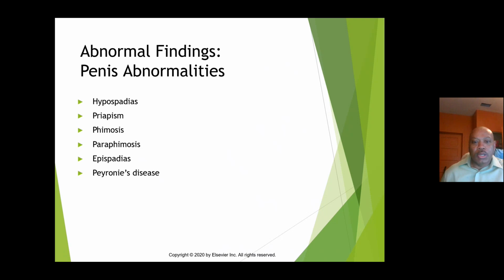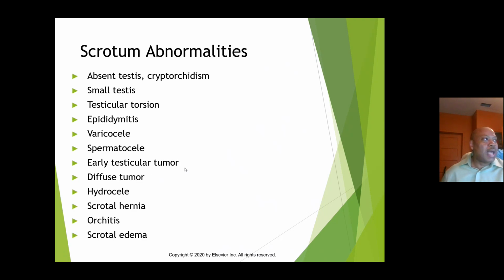And then, of course, you have all these different conditions as far as scrotal abnormalities: absent testes or cryptorchidism, small testes, testicular torsion. You have epididymitis and so forth. So just take a look at the rest of this information here.